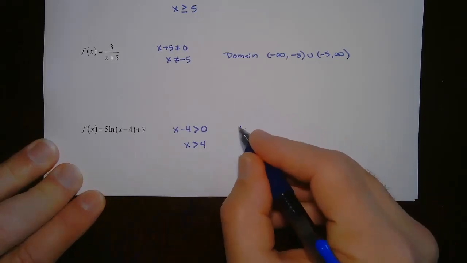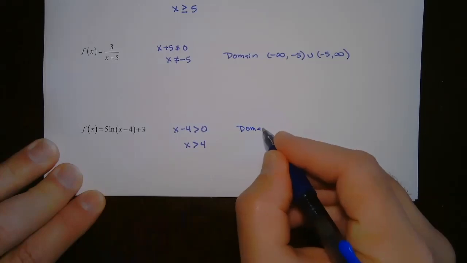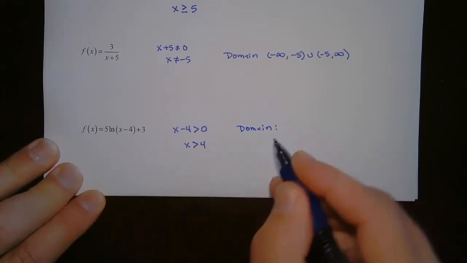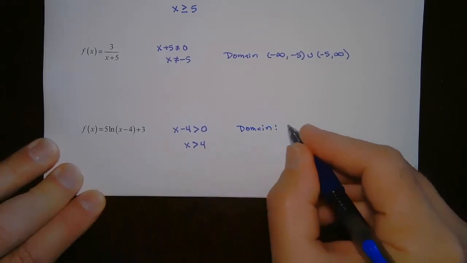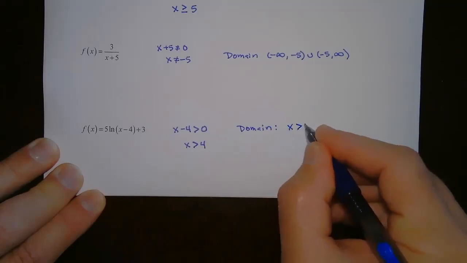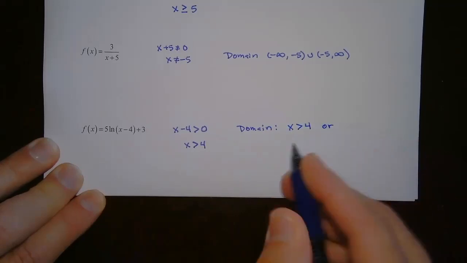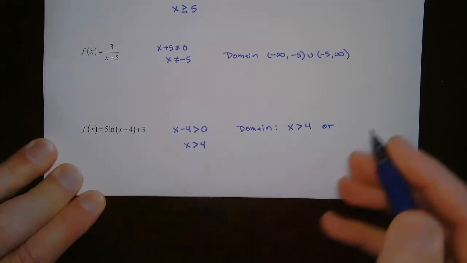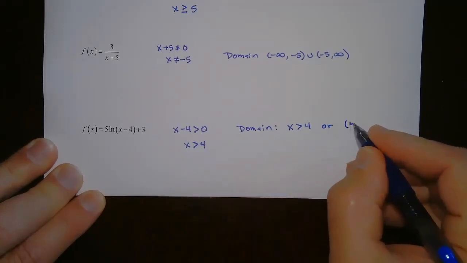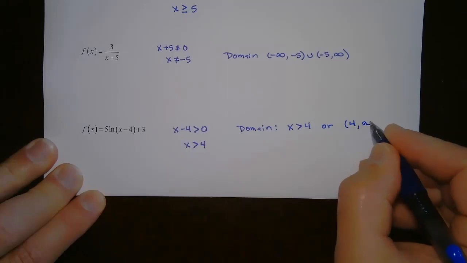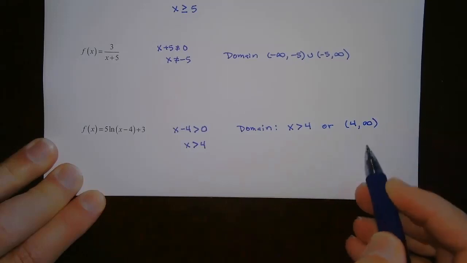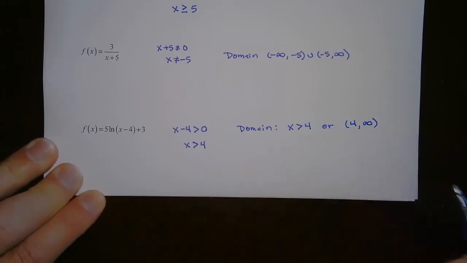All right, so then there's two ways we could write this domain. We could write it as an inequality. So we would say the domain here would be x is greater than 4, or in interval notation, parenthesis 4 comma infinity, 4 to infinity. That's everything greater than 4.